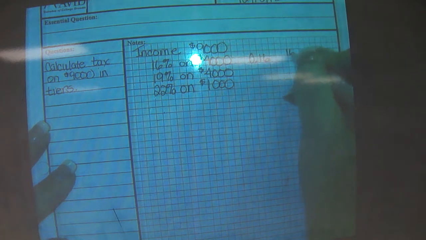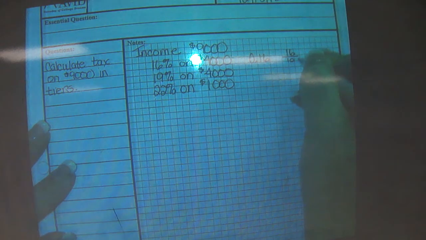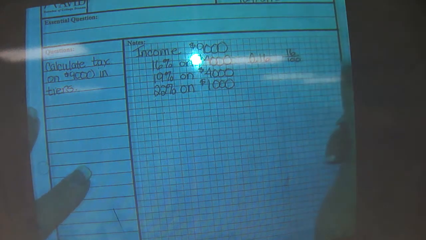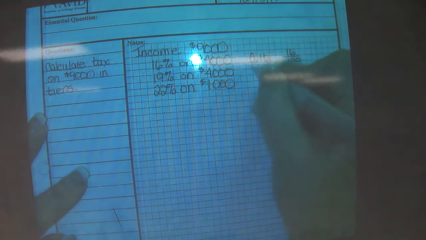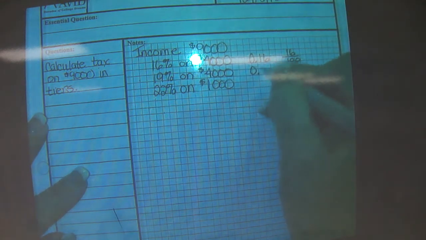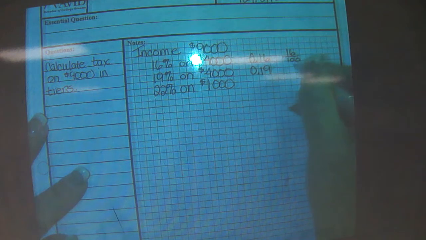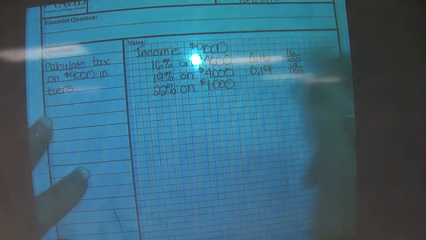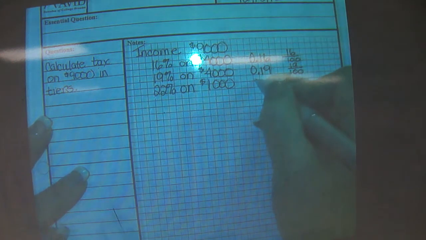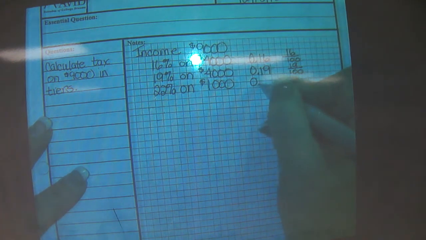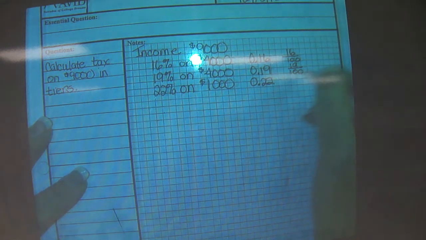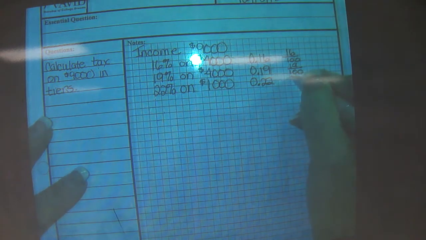How could we show 19%? 19 over 100. 19 hundredths or 19 over 100. How could we show 22%? 0.22 or 22 over 100.